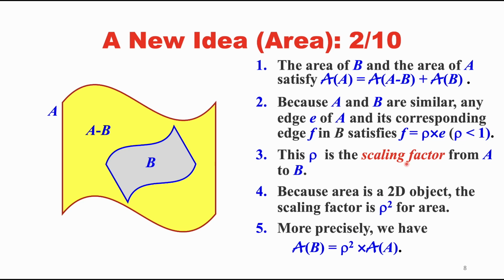This rho is also called the scaling factor from A going down to B. Because area is a 2D object, the scaling factor for area is rho squared. If we know rho is a scaling factor of an edge, more precisely, we know the area of B is equal to rho squared times the area of A.